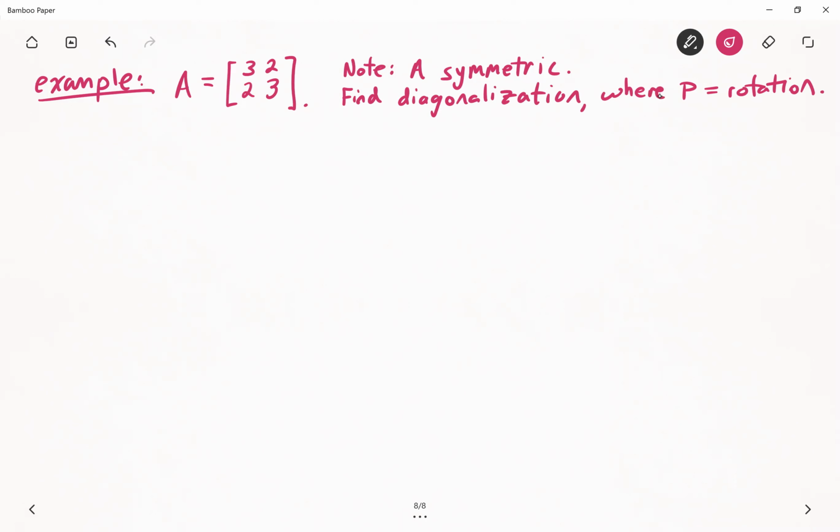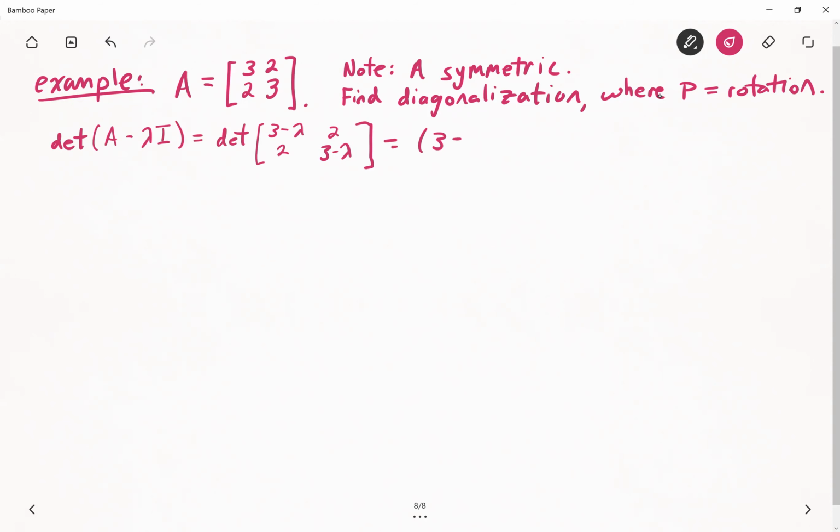All right, so let's begin by finding the eigenvalues and eigenvectors as we normally would. We'll calculate the determinant of A minus lambda times I. And so that's the determinant of 3 minus lambda, 2, 2, 3 minus lambda.